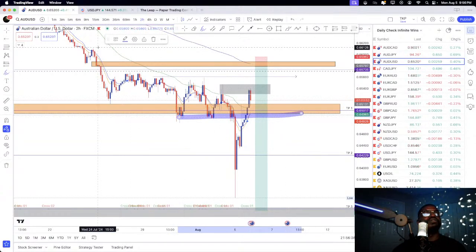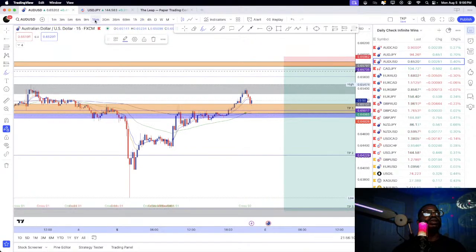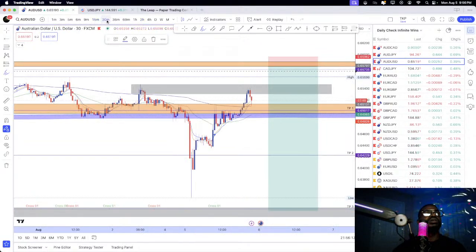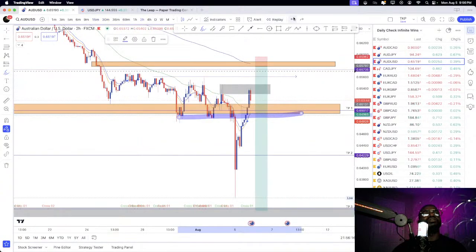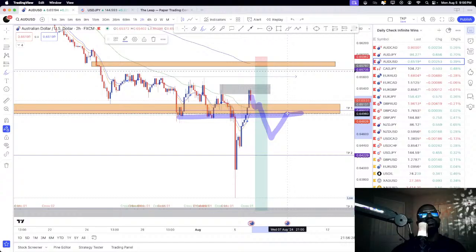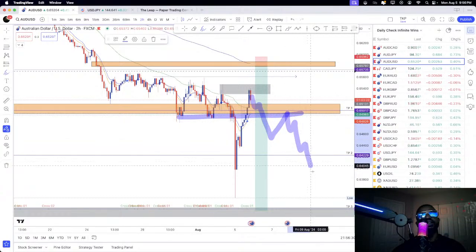I'll say it was on the 15-minute. Okay, cool. So that area that I just highlighted is a strong structural level in the market right now. So if price continues, it's okay. We'll wait for that break below and wait for the retest here to enter the sell.